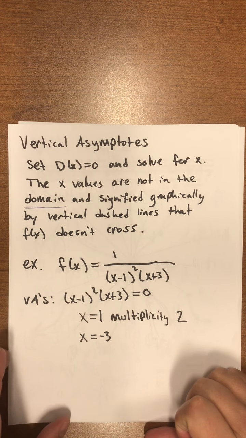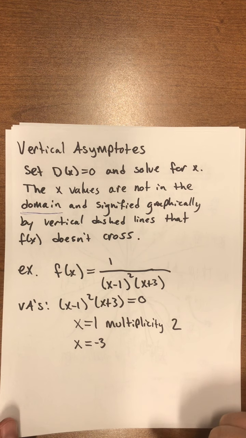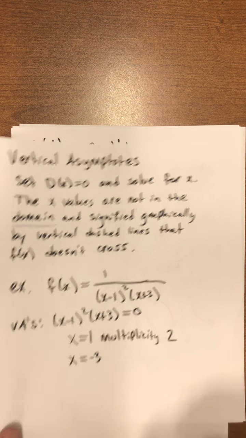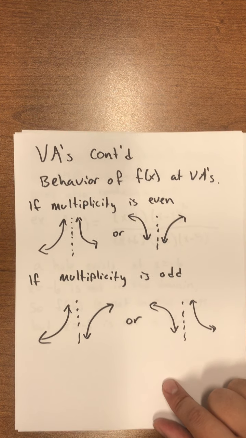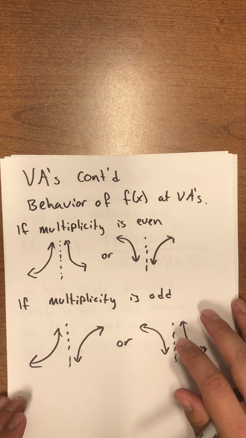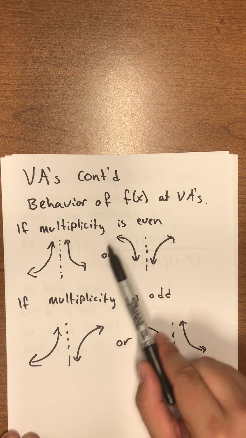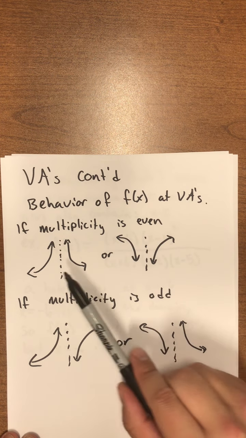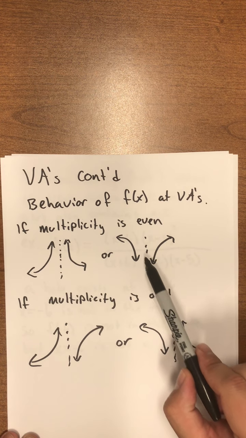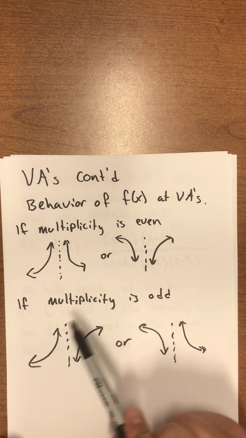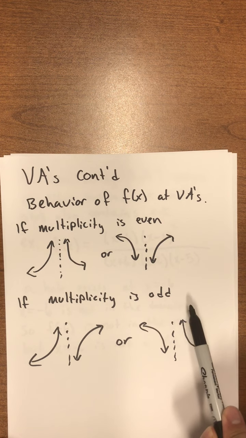So the question is, what does the graph do at the VA? Keep in mind multiplicity, even or odd. The graph goes the same direction on both sides if the multiplicity is even. So on either side you could both shoot up, or you could both shoot down. If the multiplicity is odd, they're going to go opposite directions.